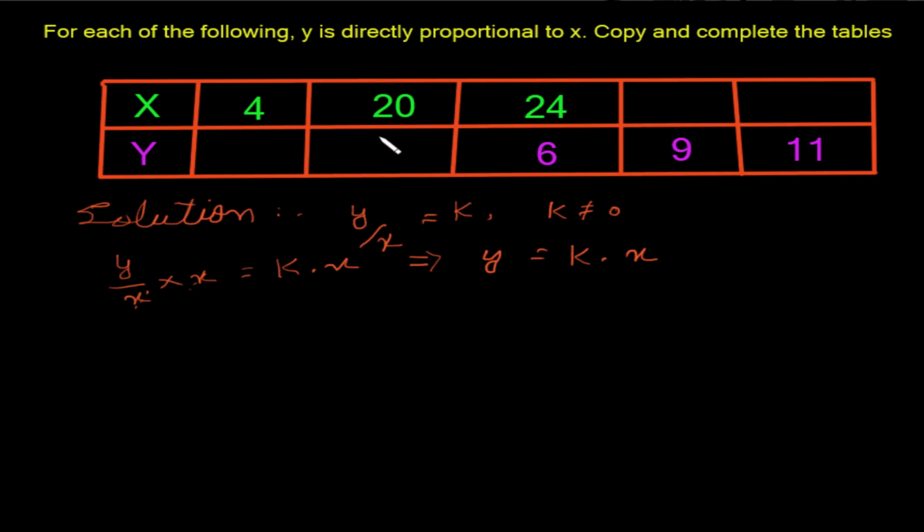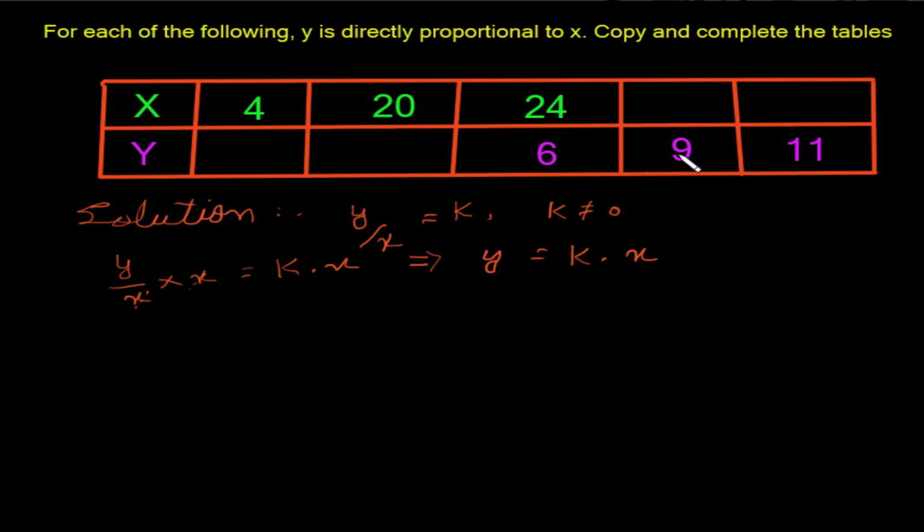Whenever we have this type of table, we will search for information of both x and y to be present in the same column. Like here, we have this column. Here we have only value for x. We don't have value for y. Like here, we have only value of x, not for y.